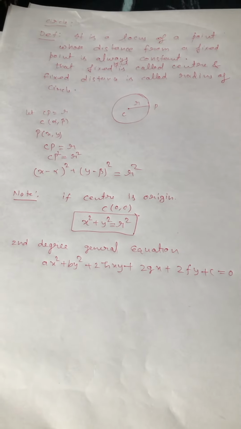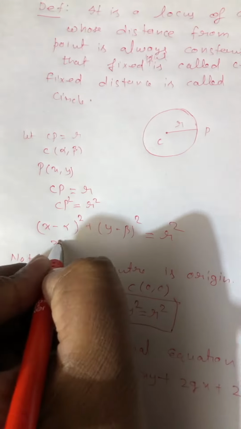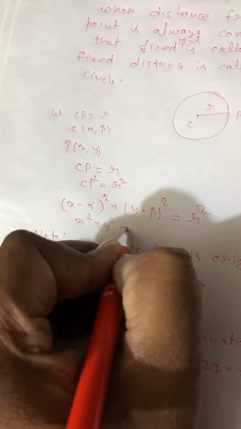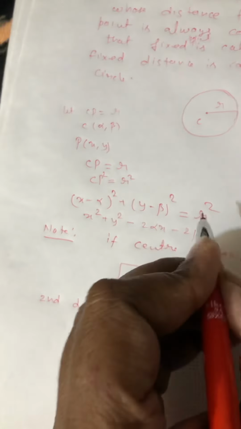This is the second degree general equation, and this will represent a circle if I expand equation 1.